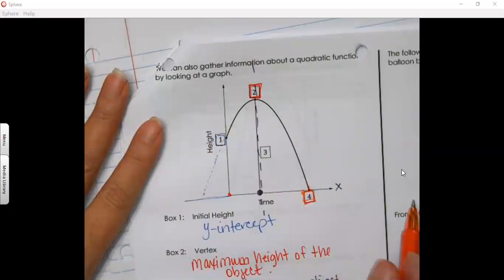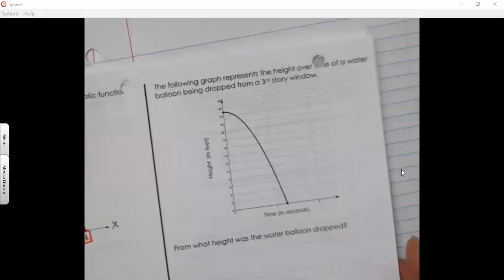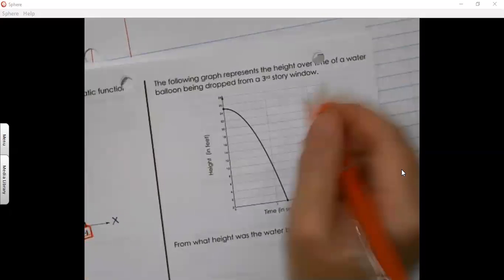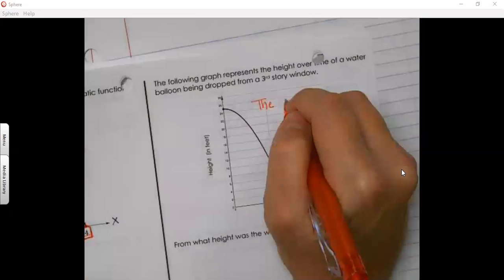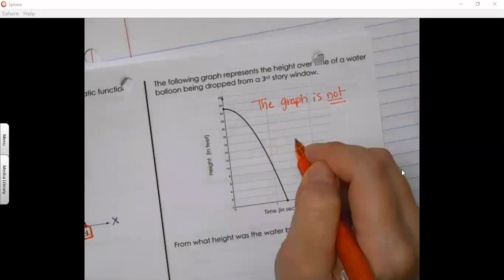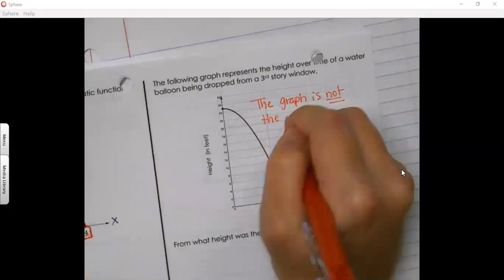So let's go back over here. And let me write that down and let you write that down. The graph is not the path of the object.